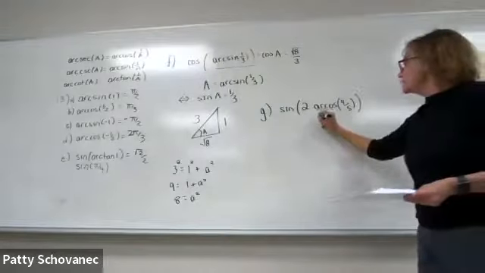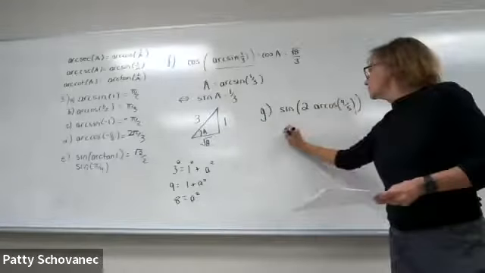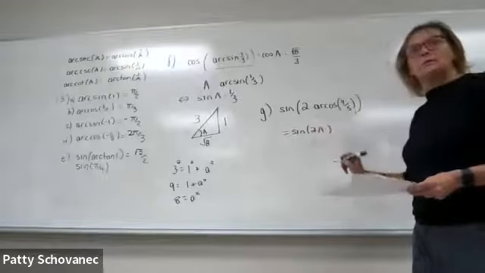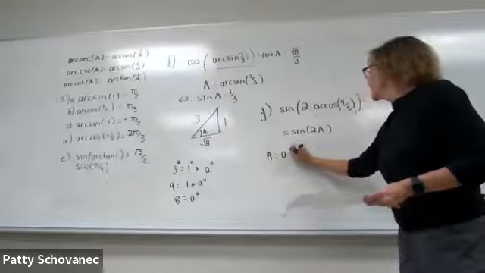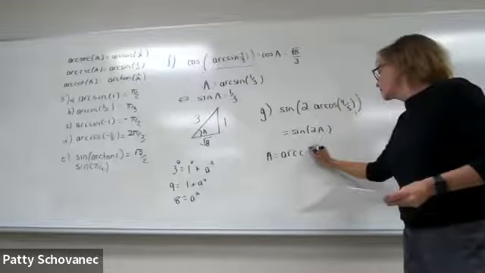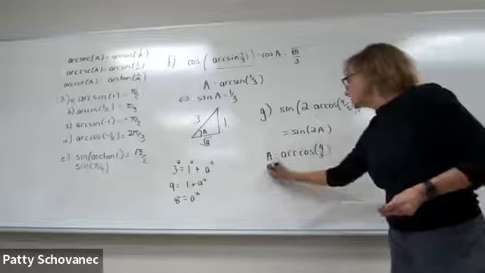I'm going to take my inverse trig function and replace it with an angle. So I'm looking for the sine of 2 times that angle, where that angle has the property that when I take the cosine of that angle, I get the ratio 4/5.